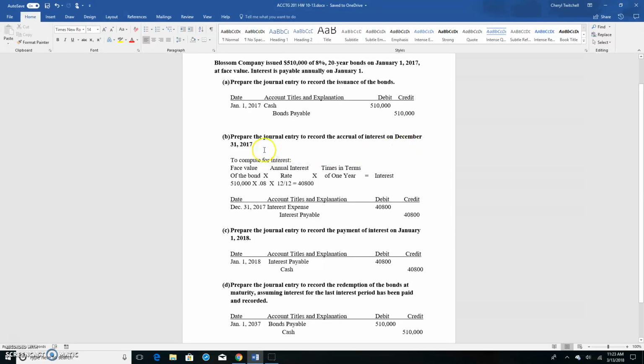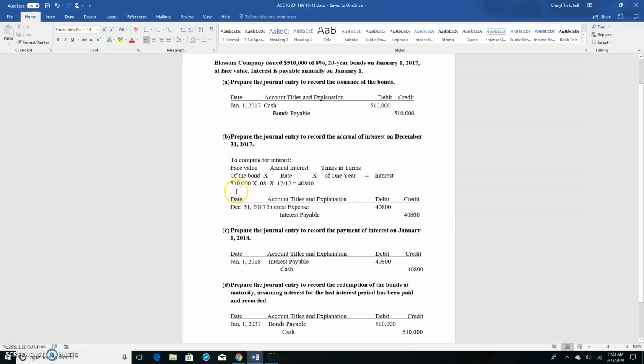The next one is prepare the journal entry to record the accrual of interest on December 31st, 2017. Now we have to remember the interest formula, which is face value of the bond times the annual interest rate times the time in terms of 1 year, and that will come up to our interest.